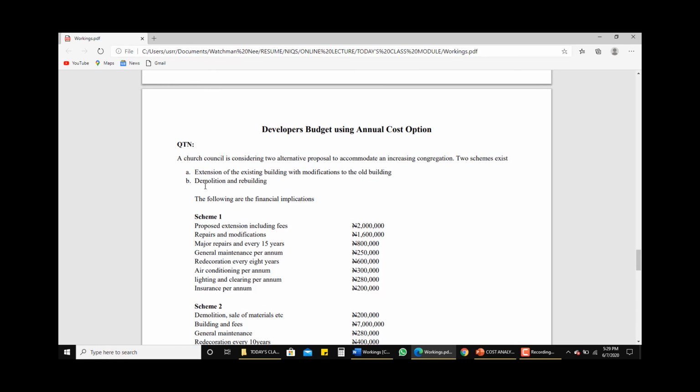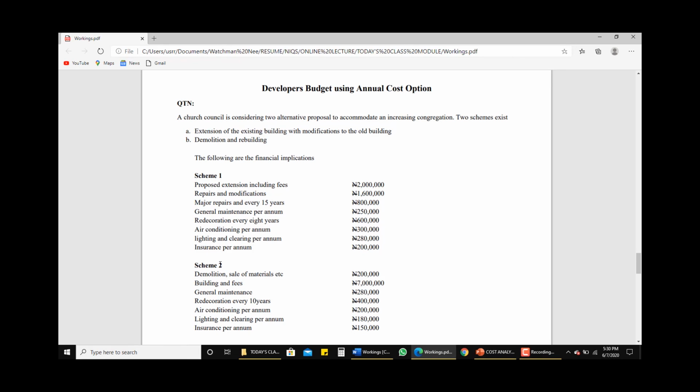And the second scheme, which is scheme 2, is demolition and building a completely new one on the same site. So we have scheme 1 and 2 here, and the following are the financial implications.